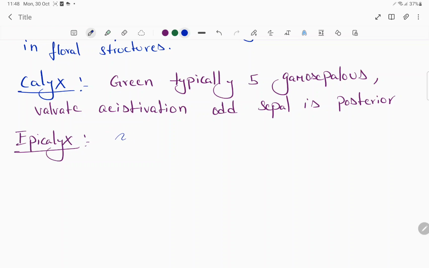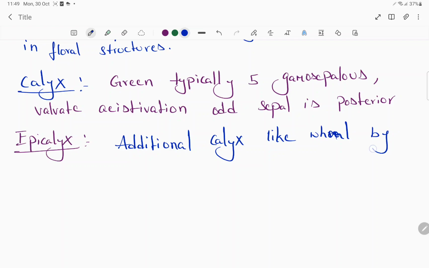An additional calyx-like whorl is formed by bracteoles.